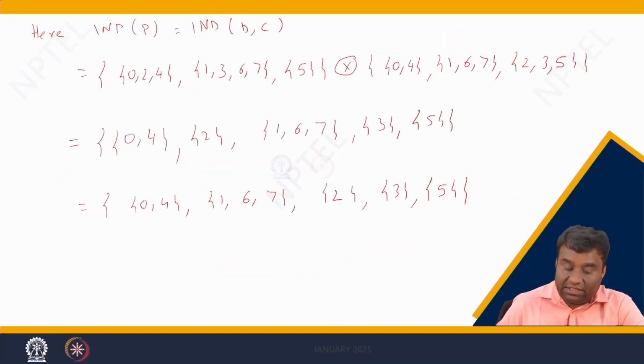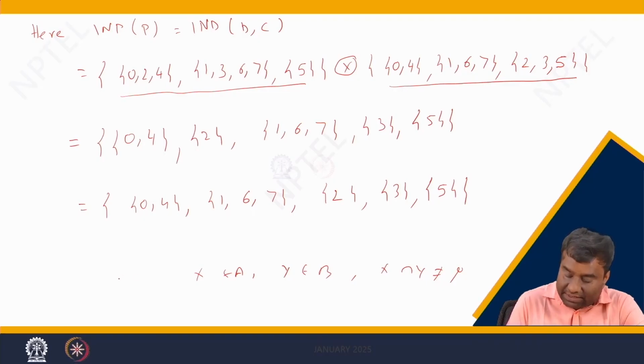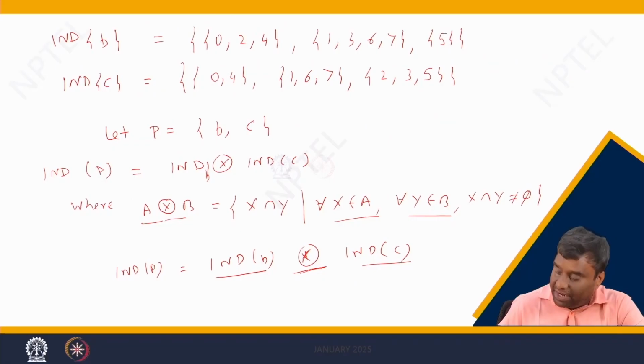So here the indiscernibility relation of P is the indiscernibility relation of BC, that is the indiscernibility relation of B with that of C. Now the condition is that X belongs to A, Y belongs to B, and X intersection Y is not equal to the null set, then we will get these intersection elements XY.